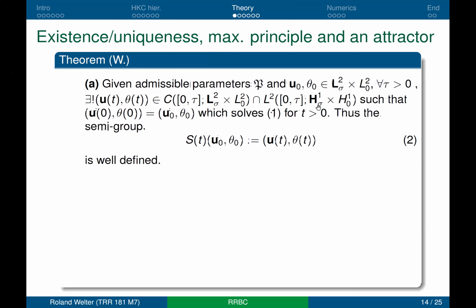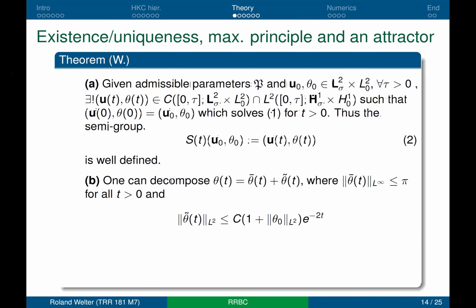So you have solutions to the PDE. So that's good. And then you also have a maximum principle, which is very nice.